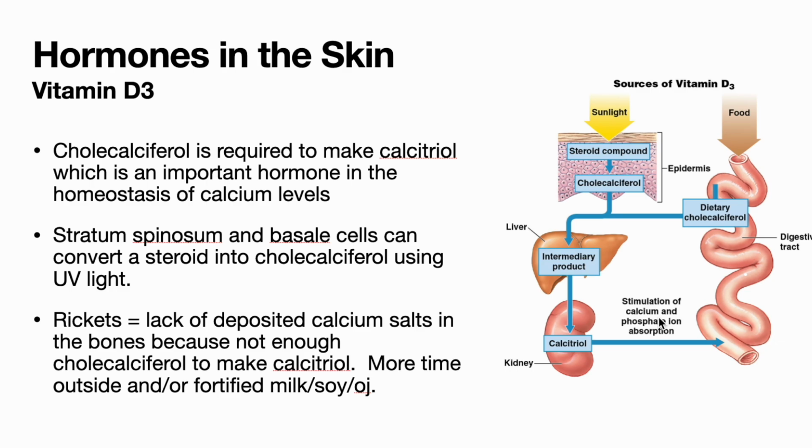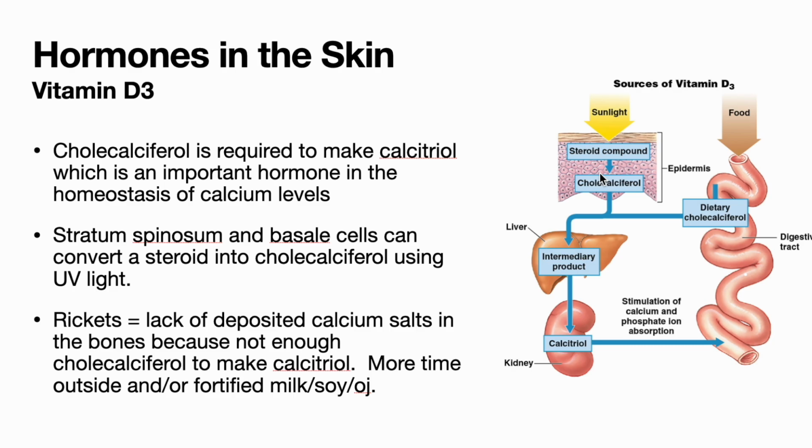And the way we get our gut to do that is by having the kidney release calcitriol. But the kidney can't release calcitriol unless it has access to cholecalciferol, which you can only have if you have enough exposure to sunlight to make cholecalciferol. So your skin plays an important role in your ability to absorb calcium from your gut, from the foods that you eat.